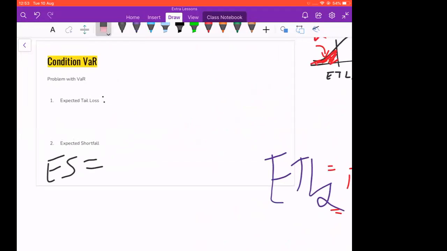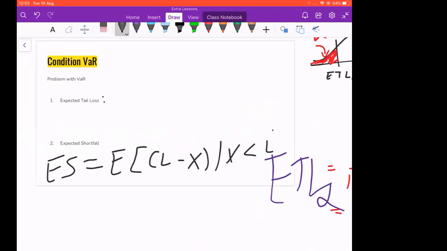So for this one, this is going to be the expectation of L minus X, given that X is less than L. This is basically the definition.